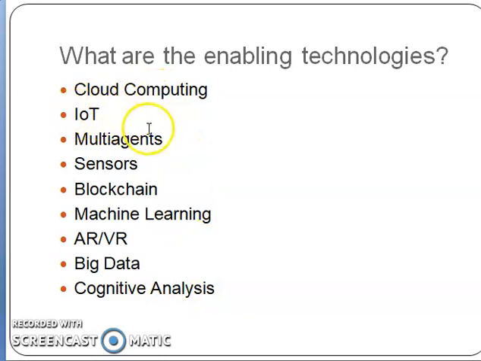So cloud computing, IoT, these are required for connectivity, multi-agents for autonomy, sensors for collection of data, blockchain for securely storing your data, machine learning for predictions, AR, VR for graphical interfaces, then big data for again storage of data and how the data is going to be cleaned and how the patterns are going to be recognized. And cognitive analysis means other intelligent AI concepts can be implemented into the digital twin so that it can make decisions.